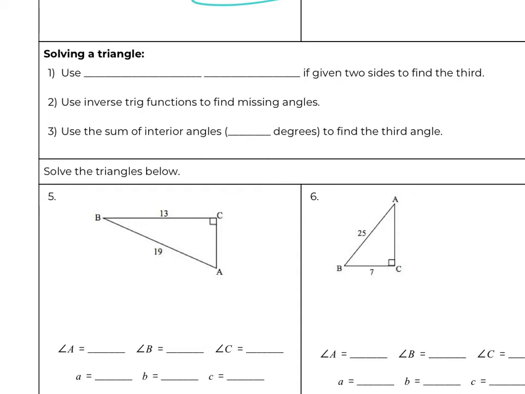All right, so what do you use if given 2 sides to find the third? Pythagorean theorem. So always if you're given 2 sides, you can use Pythagorean theorem to find the third. Use inverse trig functions to find missing angles if only given the 90, okay?